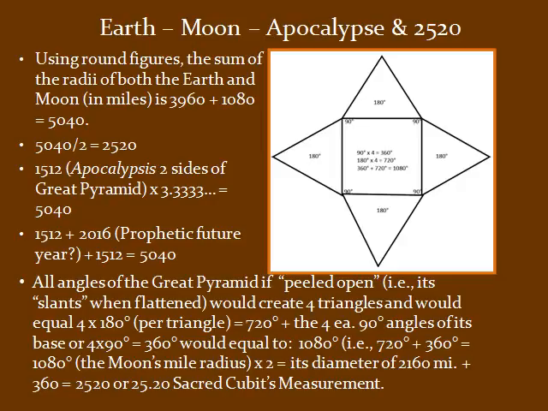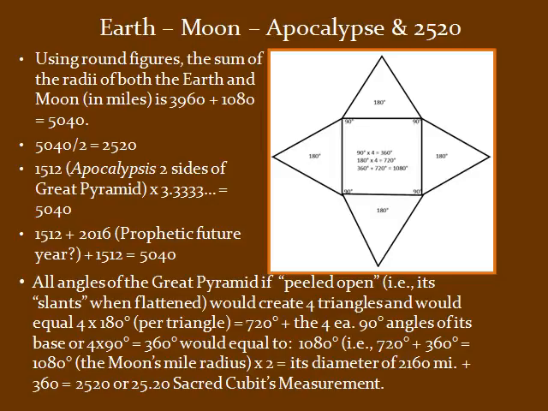flattened as you see in this diagram, would create 4 triangles and would equal 4 times 180 degrees per triangle, which would equal 720 degrees, plus the 4 each 90-degree angles of the base of the Great Pyramid, or 4 times these 90 degrees, would equal 360 degrees, and together they would equal 1,080 degrees.